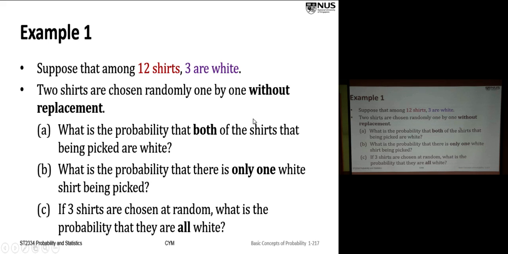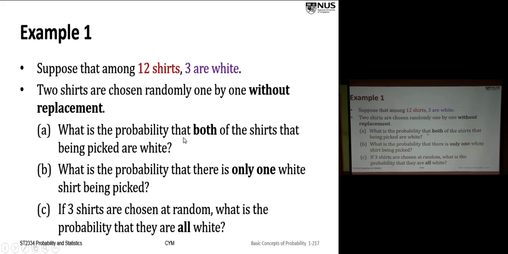Now there are at least 2 approaches. One is to use what we just learned, the conditional probability, but you have to define the events that you are looking at. The other one is to go back to your previous approach, using combinations: the number of possible combinations, and the number of combinations that satisfy the conditions.